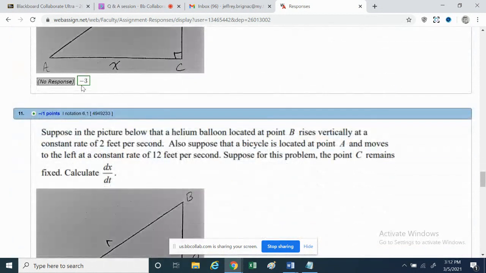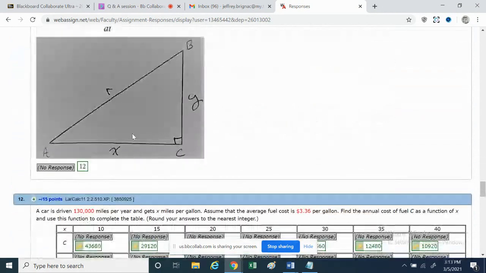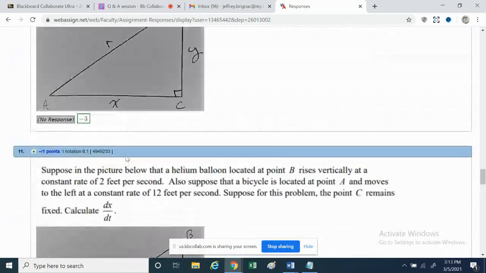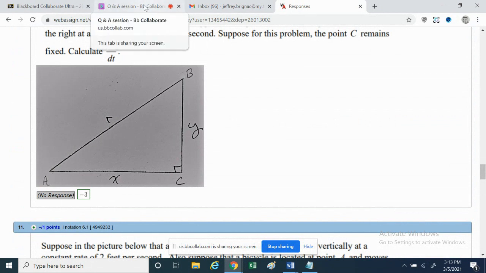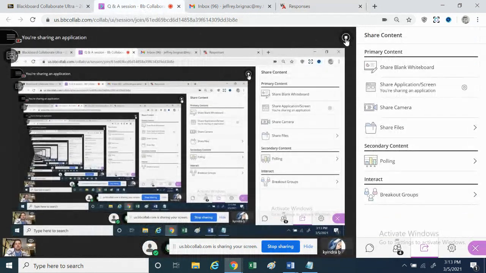The difference about whether something is negative or positive is whether the associated variable is getting bigger or smaller. So that's what I would call the short answer to your question about questions 10 and 11. How's that sound? Yeah, that makes complete sense.